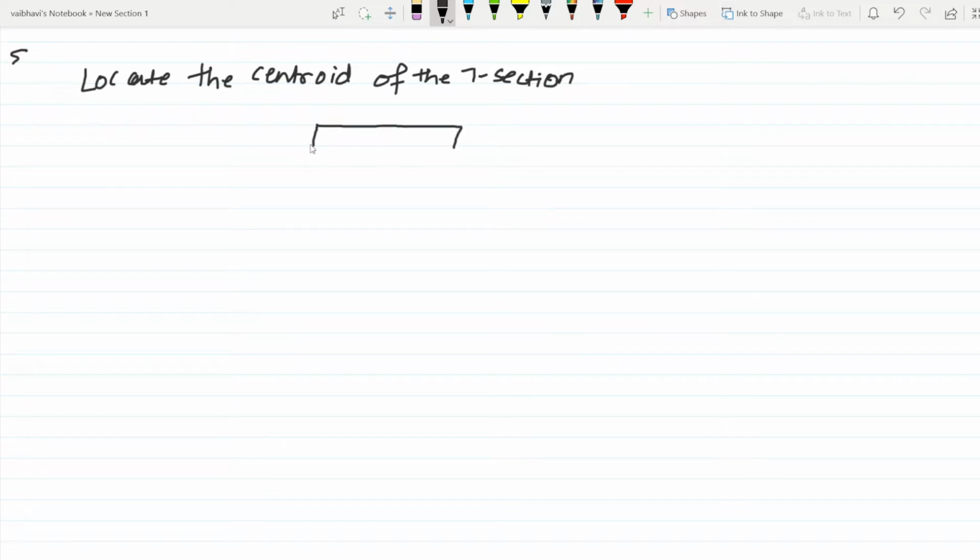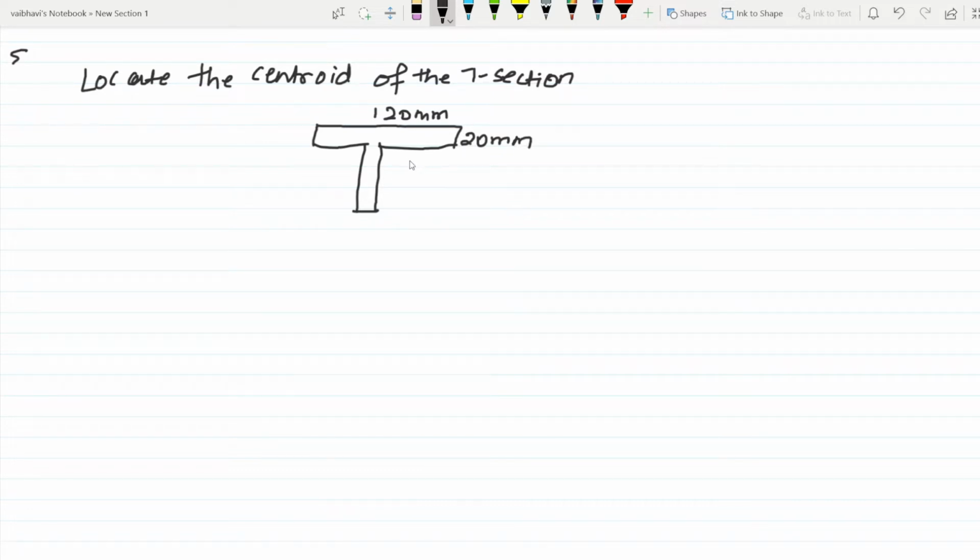This top rectangular portion is called the flange and this is called the web. Here the width of the flange is 120 mm and thickness of the flange is given as 20 mm. Finding the centroid is very simple.